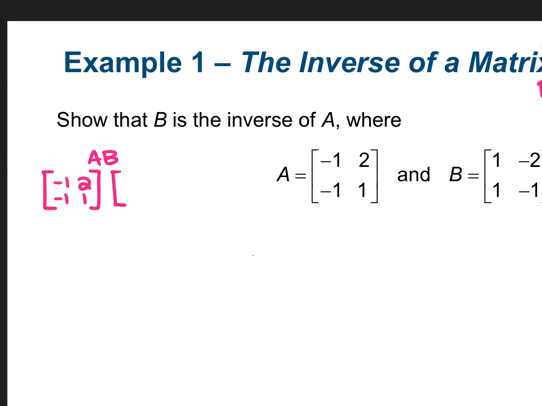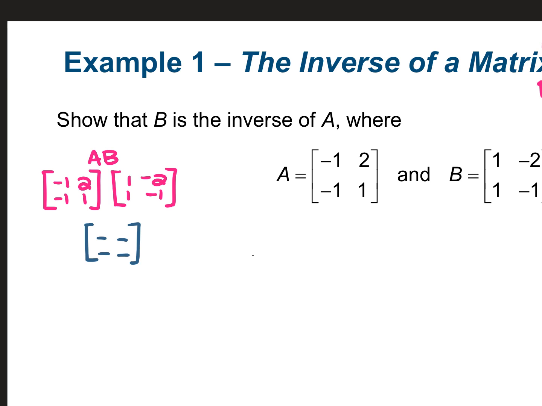B we have as 1, negative 2, 1, negative 1. So to find your multiplication out of these two, you have a 2 by 2 by a 2 by 2. So that means that your answer is going to be a 2 by 2. And you can multiply these.